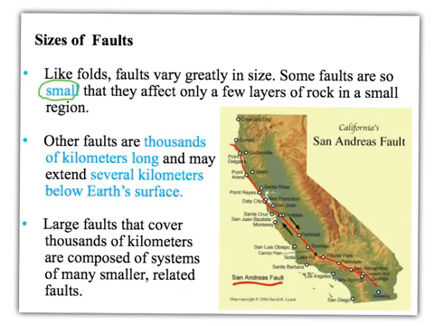And because it's a long strike-slip fault, we can end up with several earthquakes along it as the two plates slide and hit each other. Now, really, this is called the San Andreas Fault, and it can go down underneath the surface for several thousand kilometers.